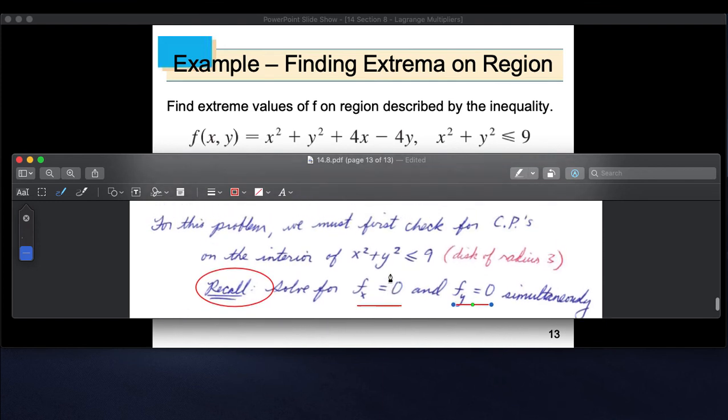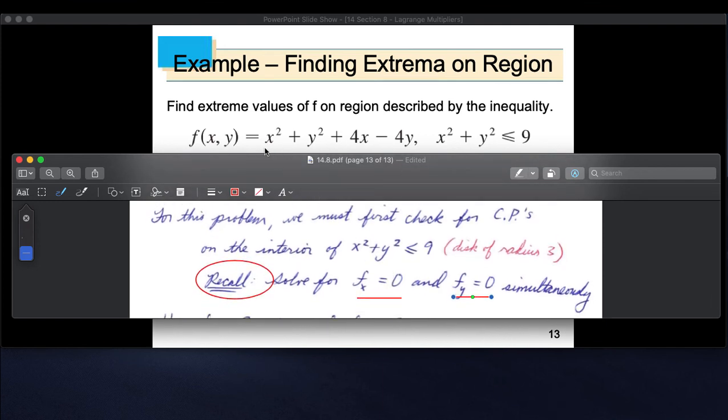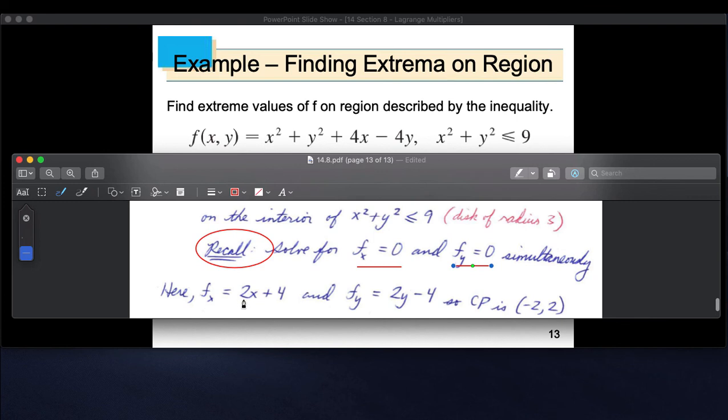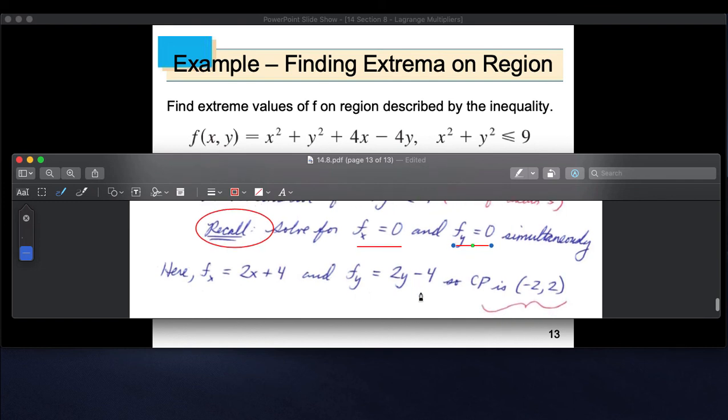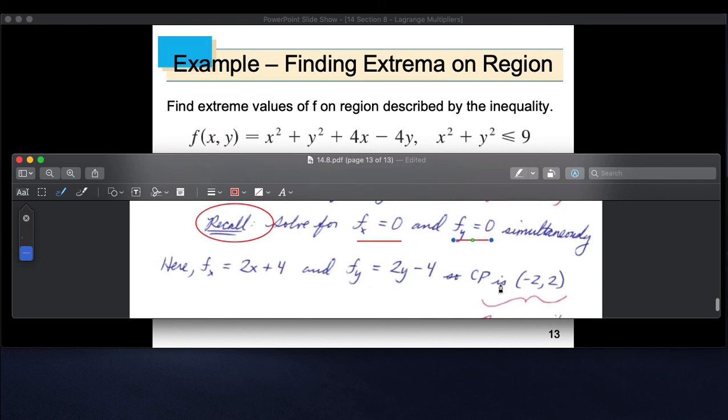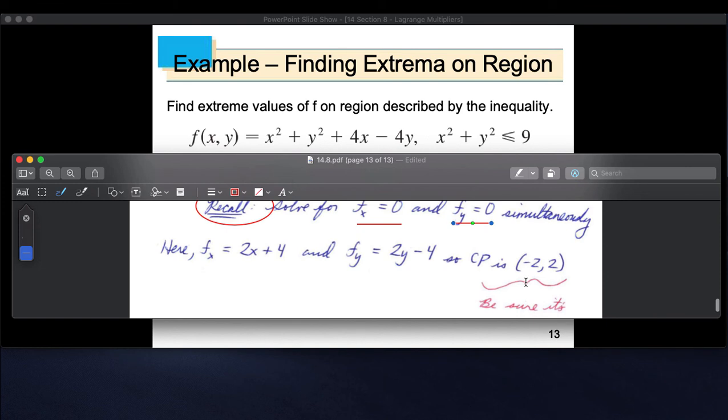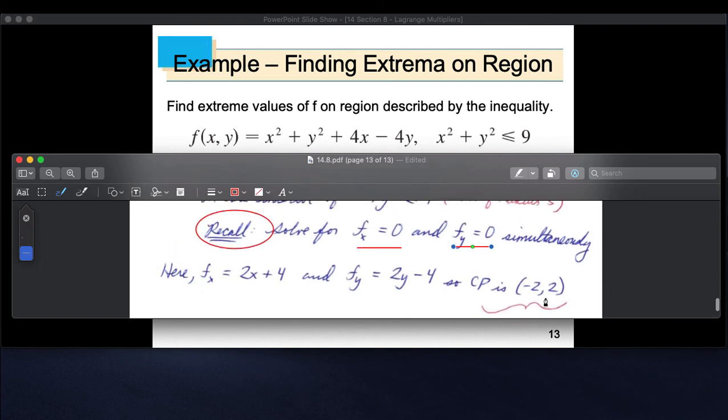So, okay, pretty simple. Here's my function up here. If I take the partial with respect to x, I get 2x plus 4. The partial with respect to y, I get 2y minus 4. Set those both equal to 0. We get a very simple critical point of negative 2, 2. Okay, so there's one point. And again, any point you find, you're going to ultimately plug into the original function to find out if it's a max or a min.